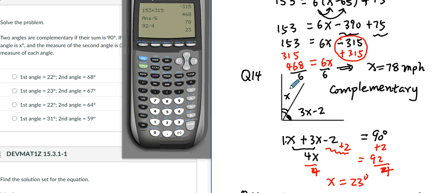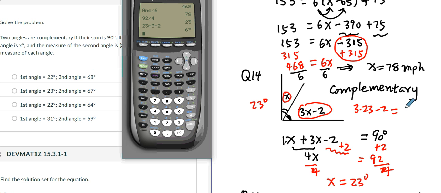degrees. So how large is this one? 23 degrees. Now, how about this angle? x is 23, so you have 3 times 23 minus 2.